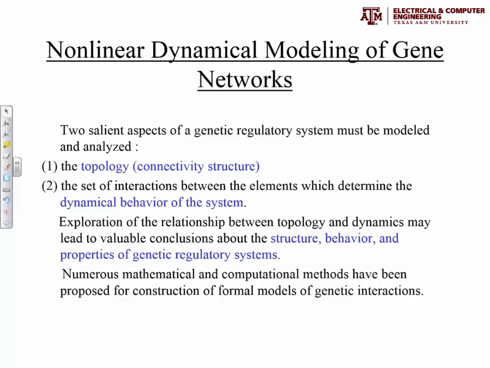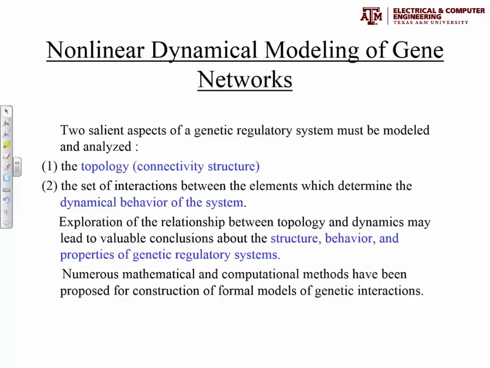Now, if you're looking at a genetic regulatory system, that means genes regulating each other, then there are two aspects that you have to take into account. The first one is the topology, the connectivity structure. Although it is multivariate, not every gene is going to affect every other gene. So if you write down the interaction matrix, that'll be a pretty sparse one.